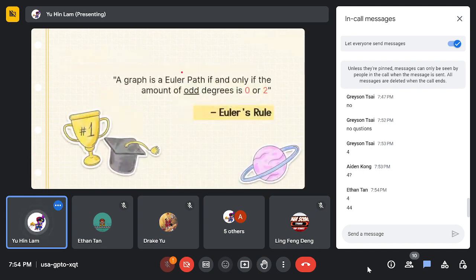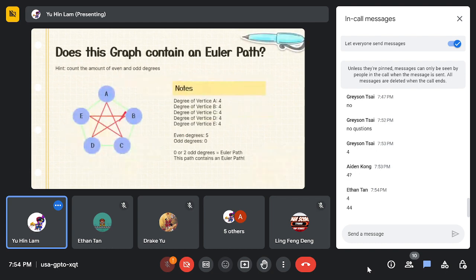For Euler's path, it only works if the number of odd degrees is 0 or 2. Odd degrees, remember. If it's an even degree, then it doesn't matter. We just look at the odd degrees. So we would count the degree of every single node.